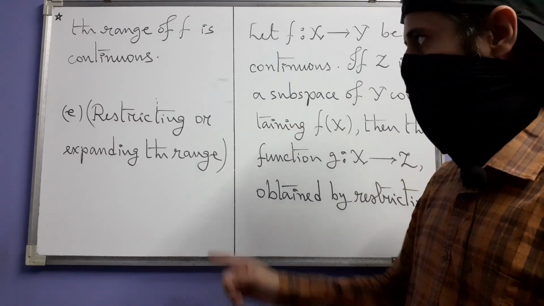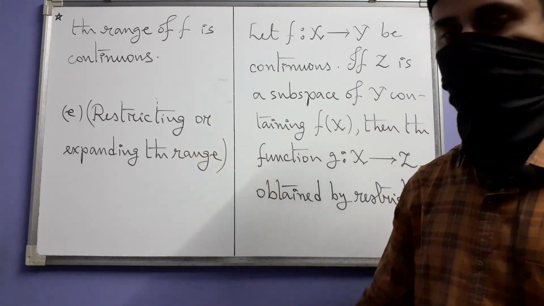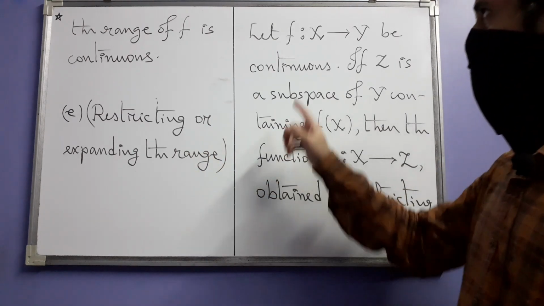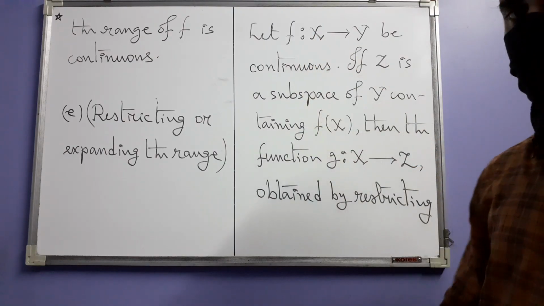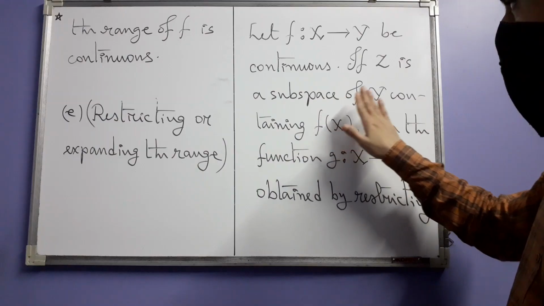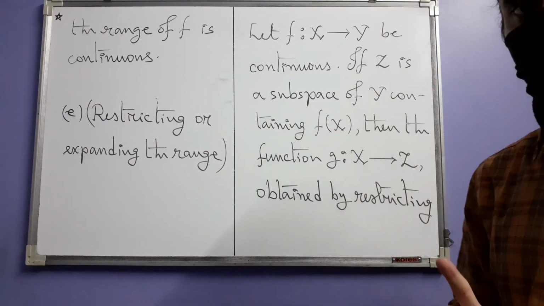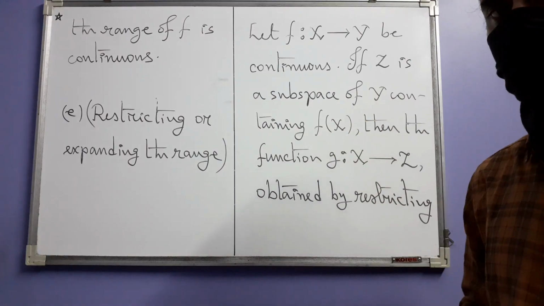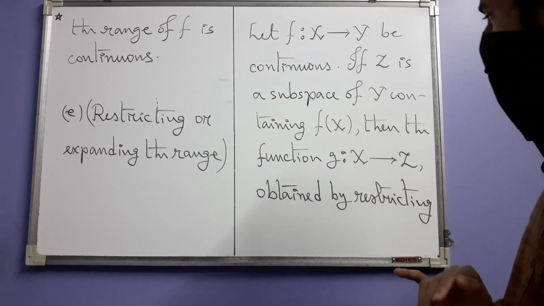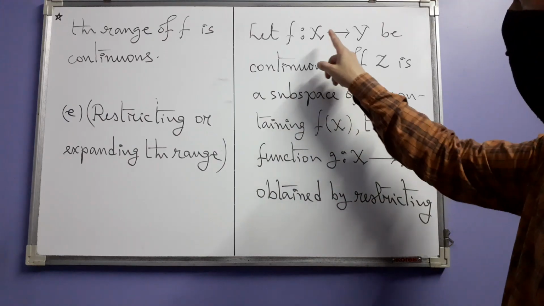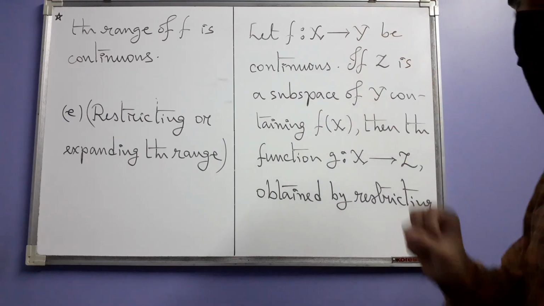Next, we have part E, which is about restricting or expanding the range of a continuous function. So let f from X to Y be a continuous function and let Z be a subspace of the range Y, which contains the image set f of X. Okay. Then we can obtain this function g from f by restricting the range.